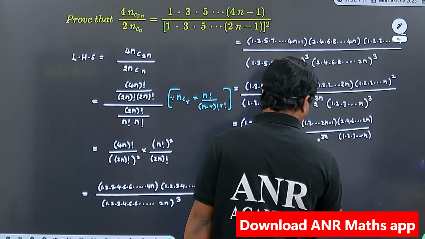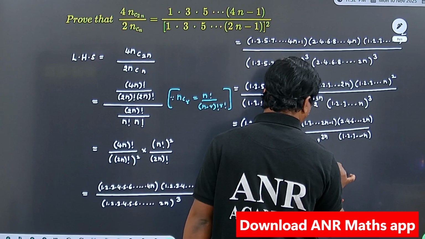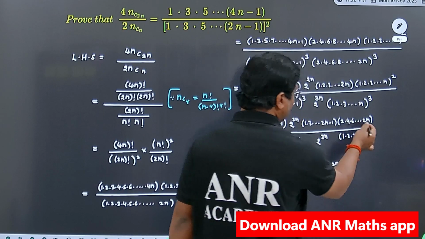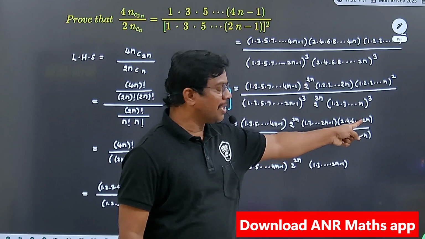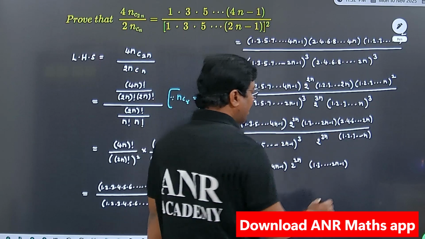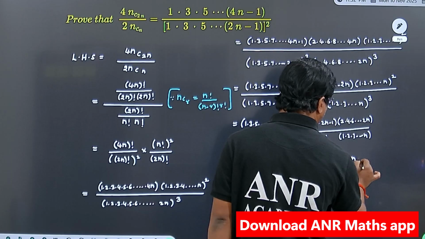This is 1, 3 and so on 2n minus 1. Here in each term you can take 2 common: 2 into 1, 2 into 2, 2 into 3 and so on 2 into n. So you can take common 2 to the power of n.